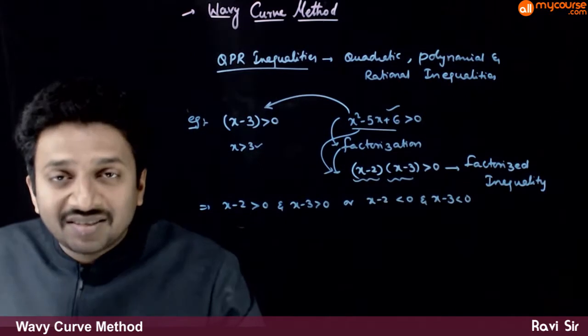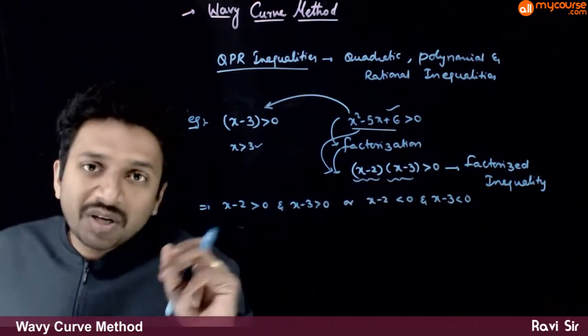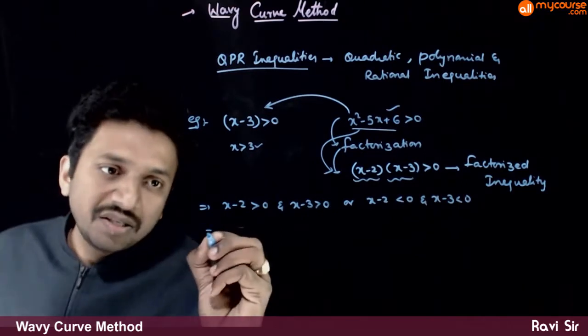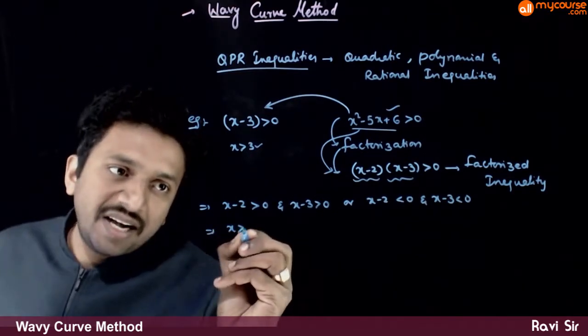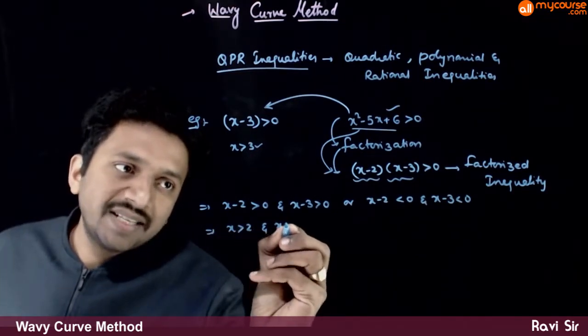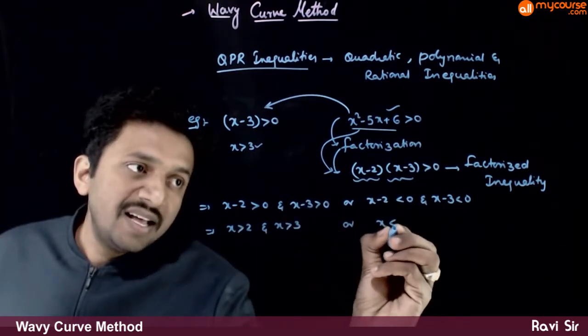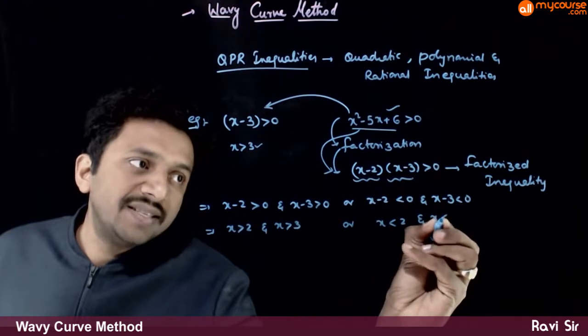This is how we analyze this. So either both the numbers are positive or both the numbers are negative. So this implies x is greater than 2 and x is greater than 3, or x is less than 2 and x is less than 3.